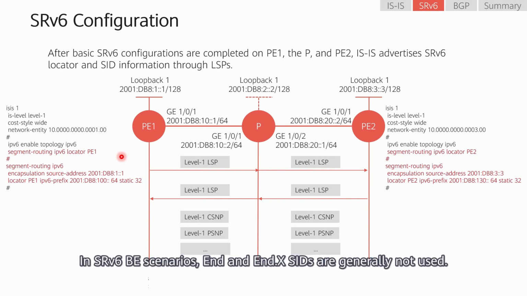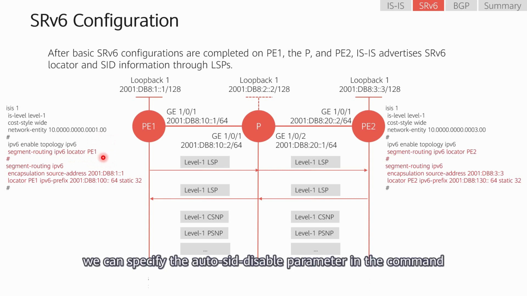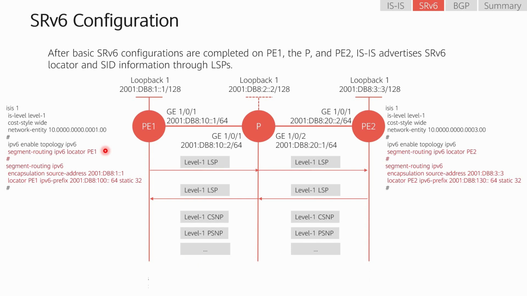In SRv6 BE scenarios, End and End.X SIDs are generally not used. Therefore, we can specify the auto-sid-disable parameter in the command to disable IS-IS from dynamically allocating SIDs so that IS-IS can only advertise locator routes. This helps conserve device resources.